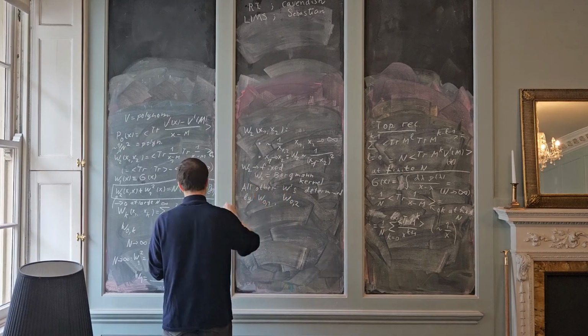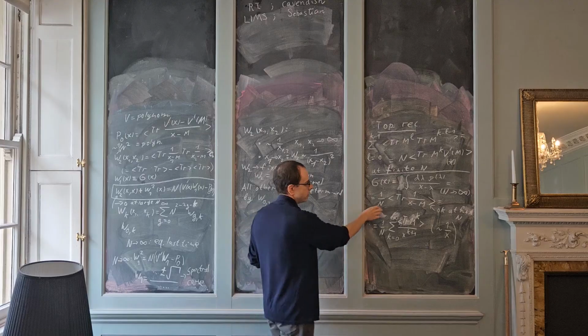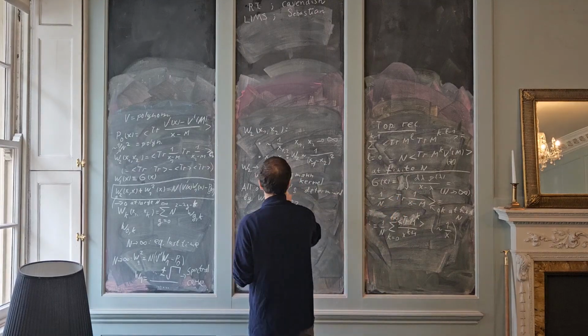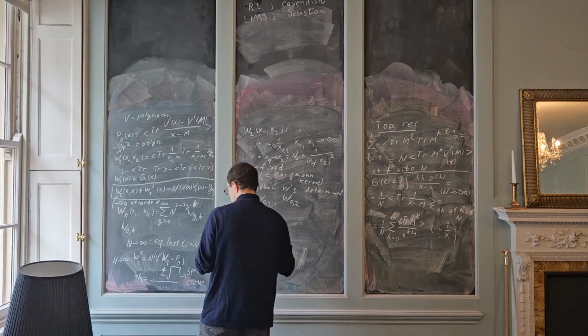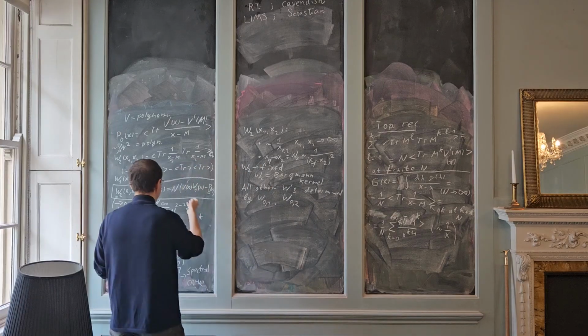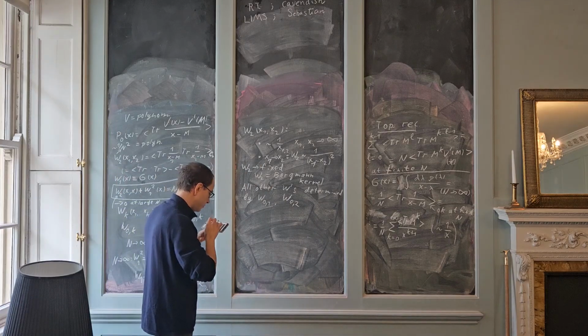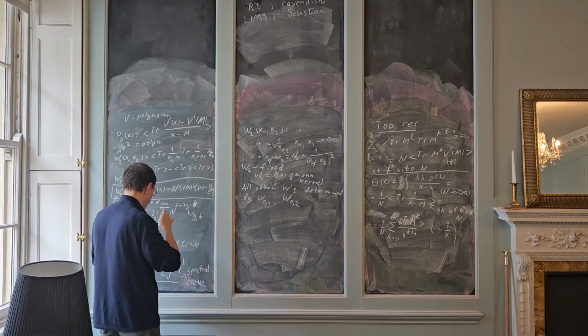So this w01 is our result, and w02 is this two-point correlator at large n. I will not do this algebra, but you just plug this expansion into this equation.